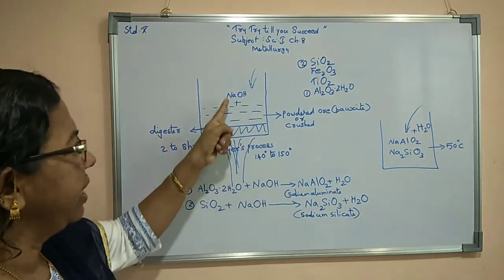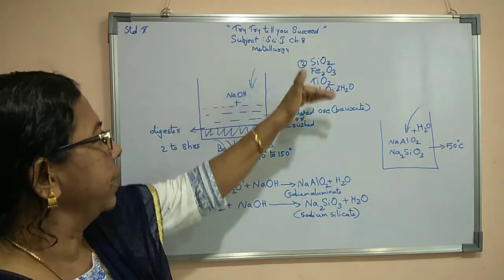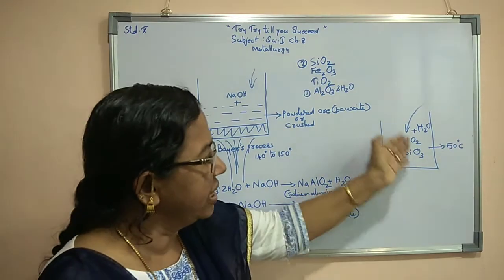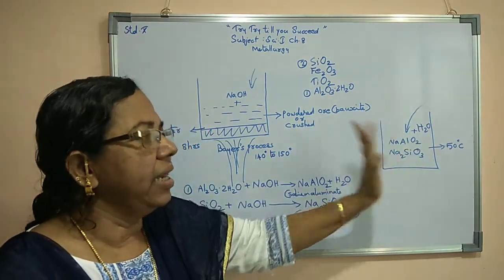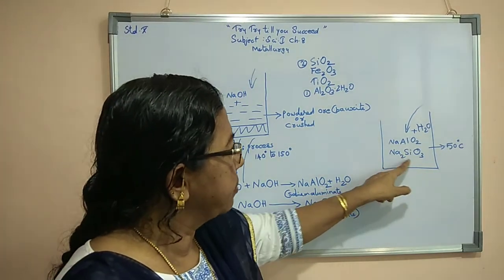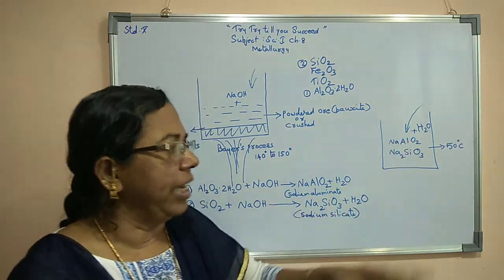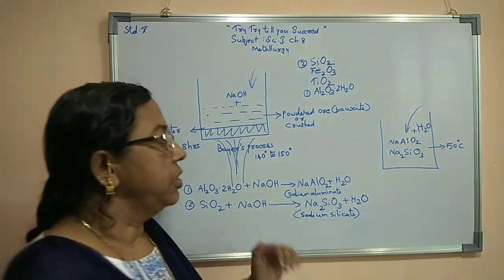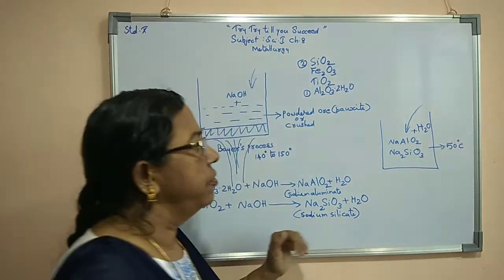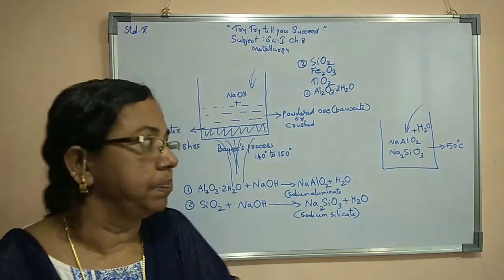That aqueous solution we removed into this container, and for reducing its temperature, we are adding water. This substance can dissolve in water and sodium aluminate can react with the water. So as and when we pour water, this will dissolve and sodium aluminate will react with the water. So we'll see now.